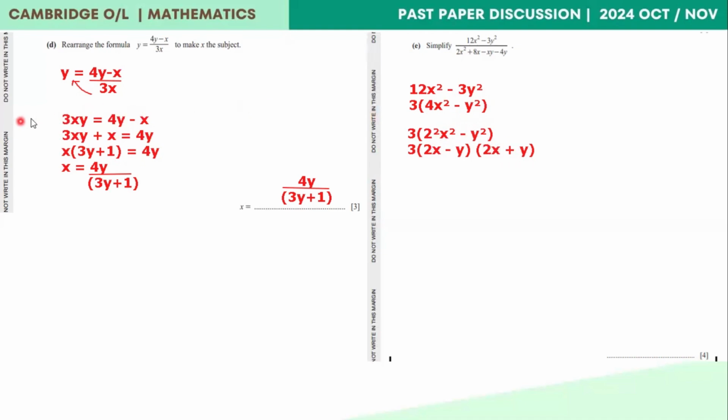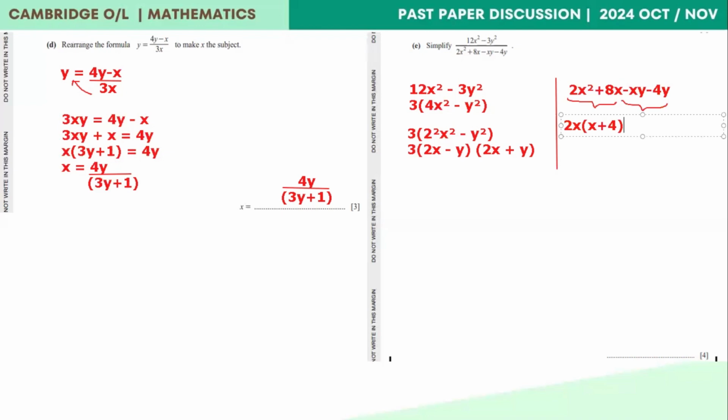So now let's factorize the denominator. The denominator was 2x squared plus 8x minus xy minus 4y. To factorize this, we can do two-term factorizing. That means we consider these two separately and those two separately. For 2x squared and 8x, the common factor is 2x, then it becomes x plus 4.